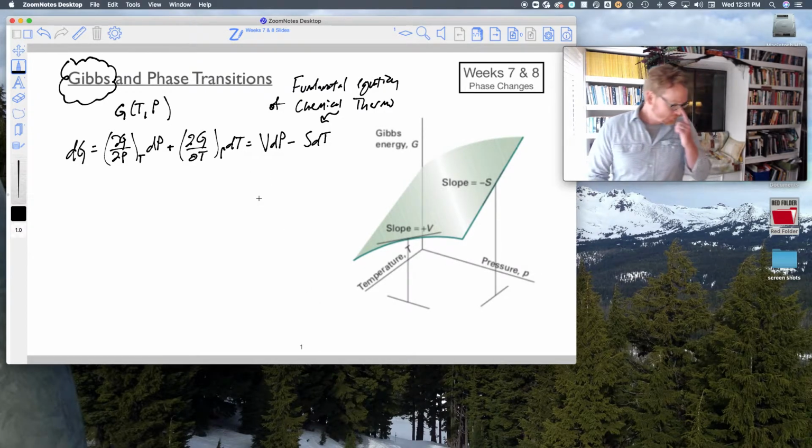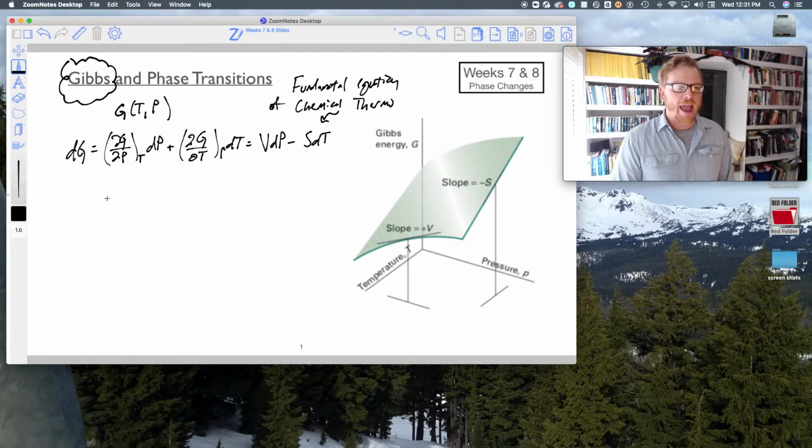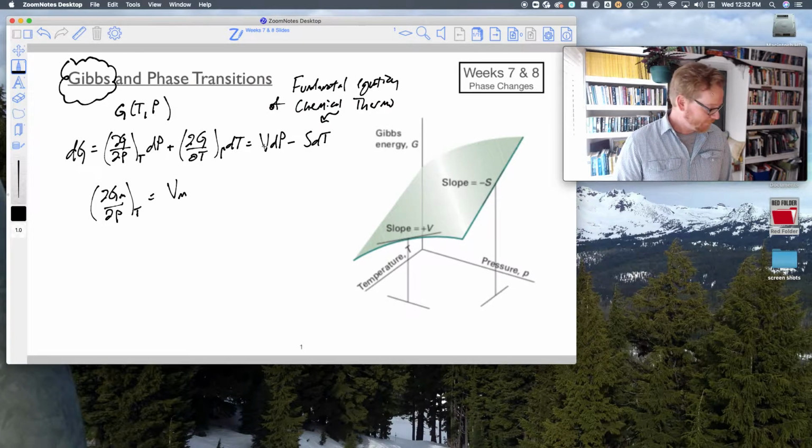So VdP minus SdT, and finally we realize the partial, and I'm going to switch to molar quantities, the partial of molar Gibbs free energy with respect to the change in pressure at constant temperature is molar volume. Okay, so this derivative is V.